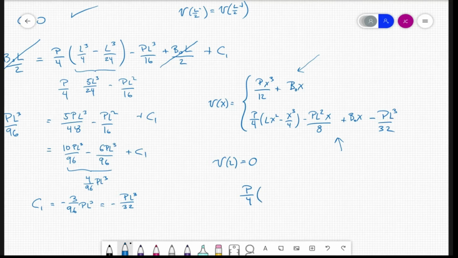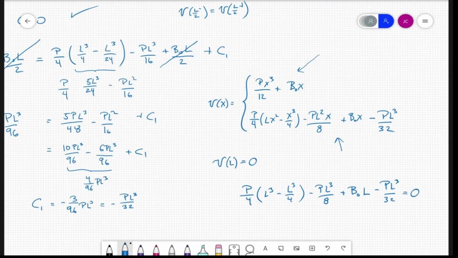Okay, whatever. L cubed, right? L cubed minus L cubed on 4 minus PL cubed over 8 plus B0L minus PL cubed over 32 has to go to 0.